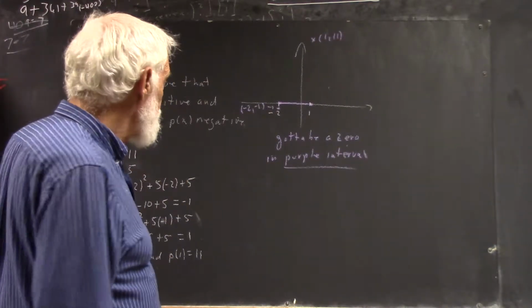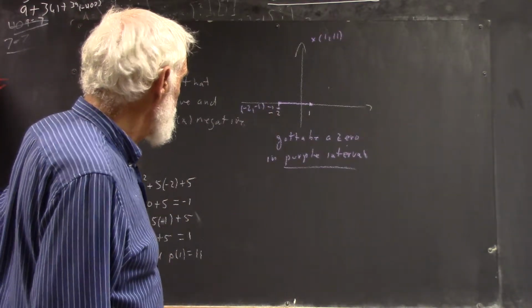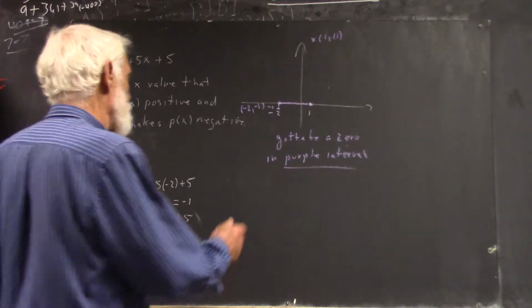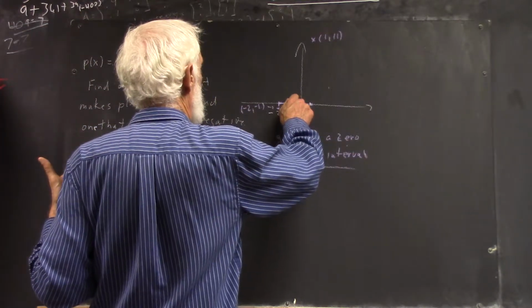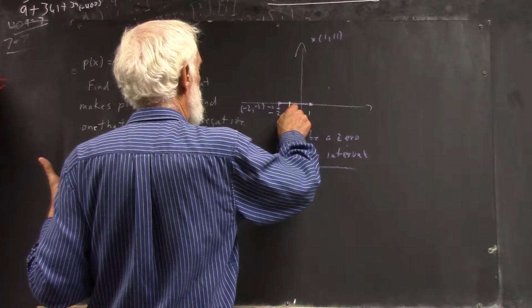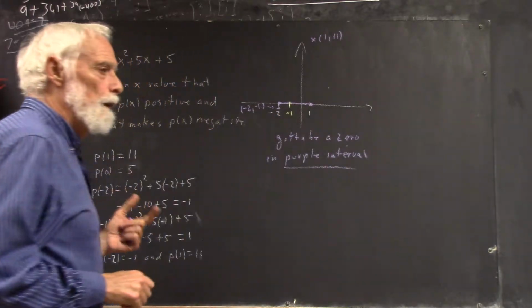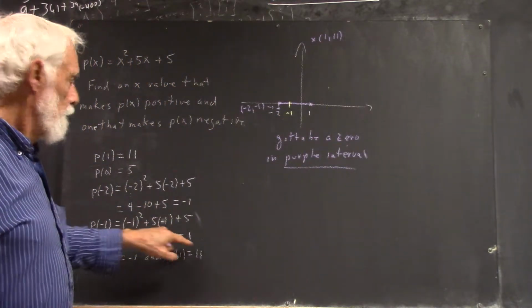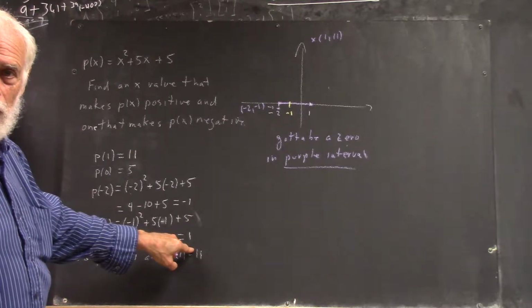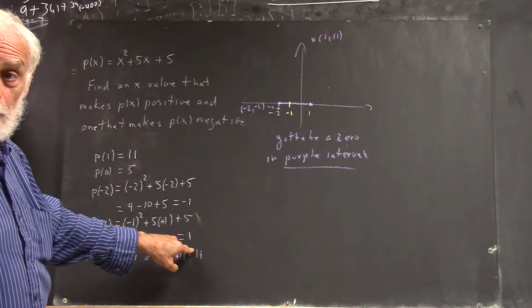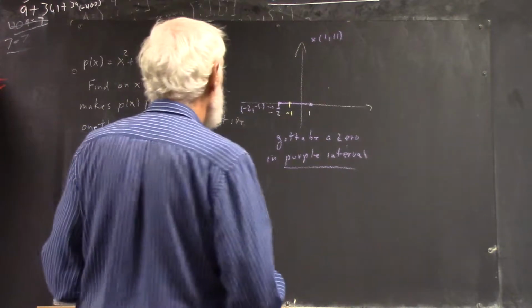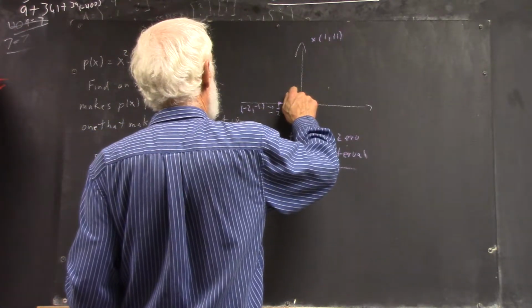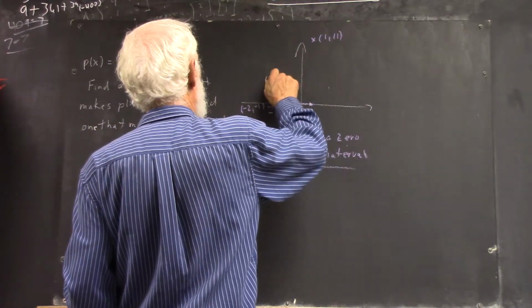It would make sense to cut it at -1. Because we already, in our trial, we found out that P of -1 is 1, right? So P of -1 is 1, so that gives us the point 1, 1.